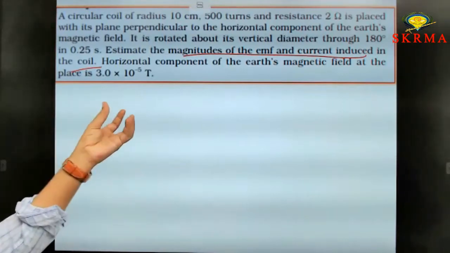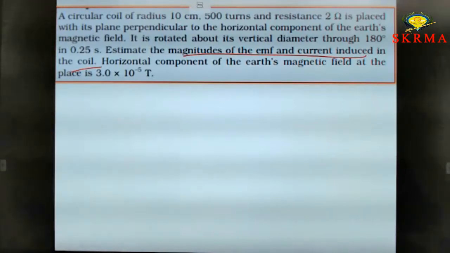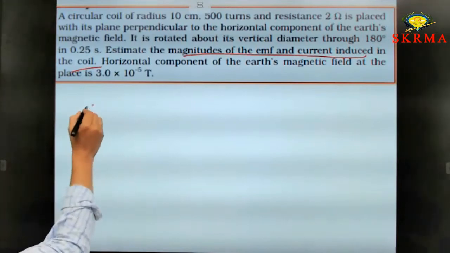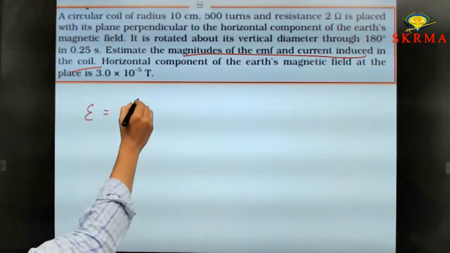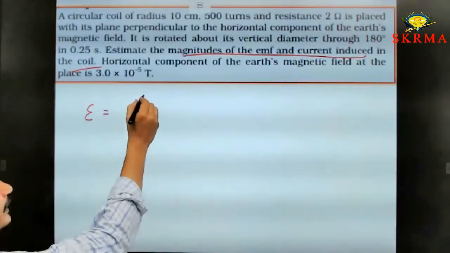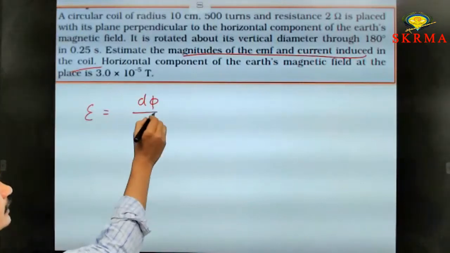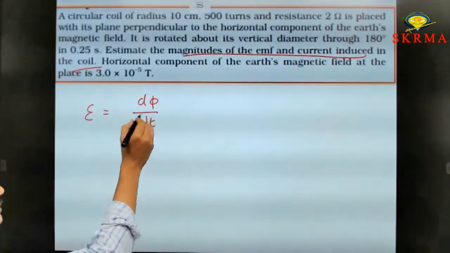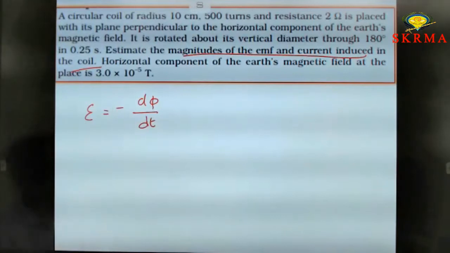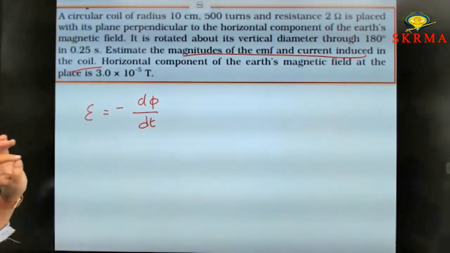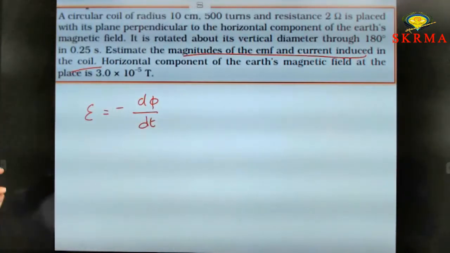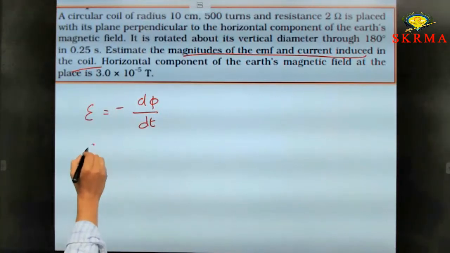If you want to calculate the magnitude of EMF, what is the EMF equation? The EMF equation is d phi by dt or delta phi by delta t. This is the basic equation. If you want to write exactly, you have to add a negative sign according to Lenz. To calculate d phi by dt, what is phi here?